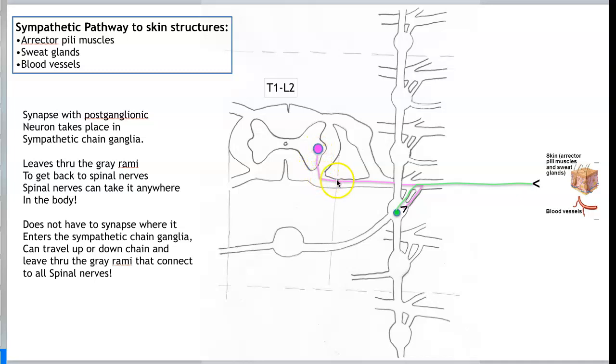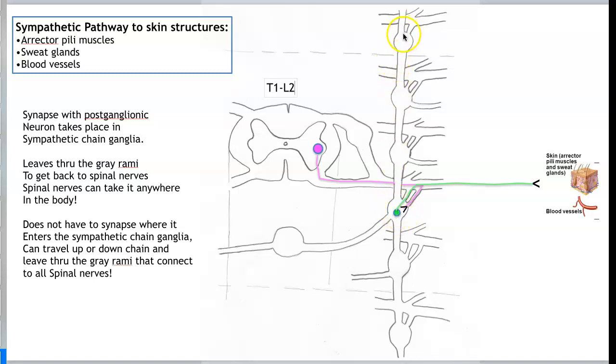It's going to go into the ventral root, into the spinal nerve. And then it's going to enter through the white ramus, singular, and it's going to synapse in the sympathetic chain ganglia.